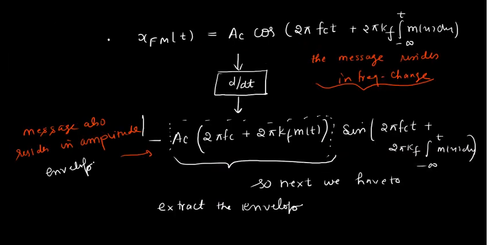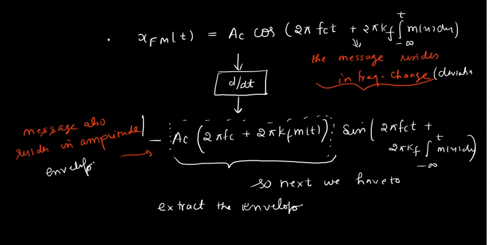So, let us see how we can use that. This is your FM waveform, we pass it through a differentiator, and if you just differentiate this, you will get this signal. If you observe these two equations, here the message resides in frequency change, in frequency deviation.